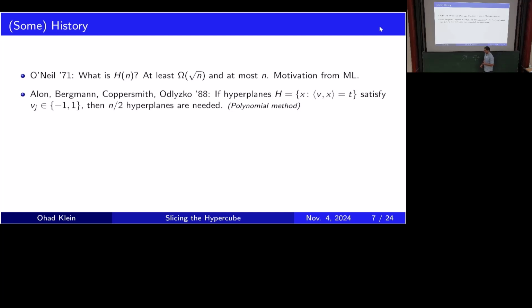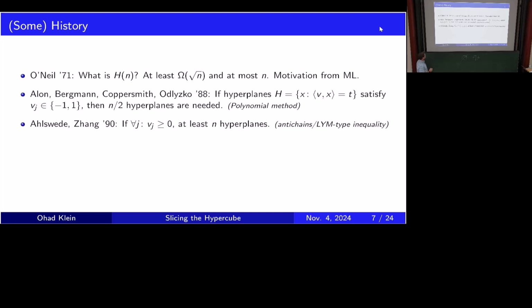This problem was studied also in some restricted regimes. So, for example, Alon and Quarles showed that if the hyperplanes have coefficients which are only plus or minus 1, then you need n over 2 hyperplanes, which is a tight lower bound. And the proof uses the polynomial method.